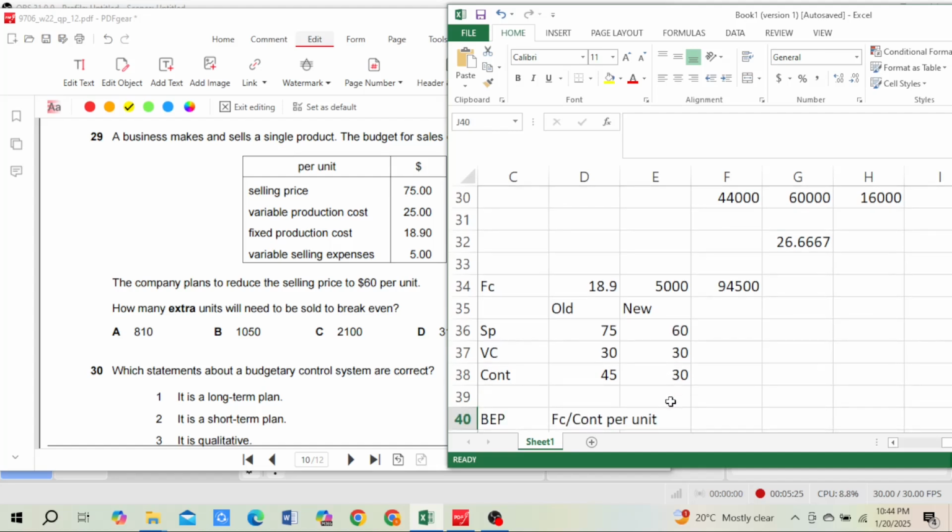Now we calculate the break-even point. The break-even point is fixed cost divided by contribution per unit. We know the fixed cost, and we know the contribution for each.